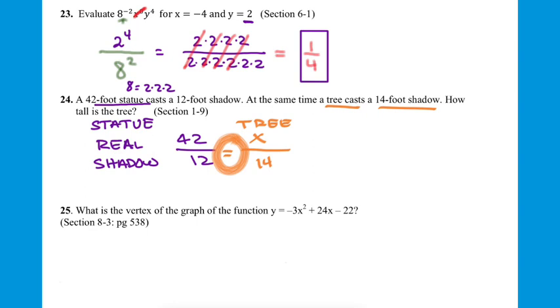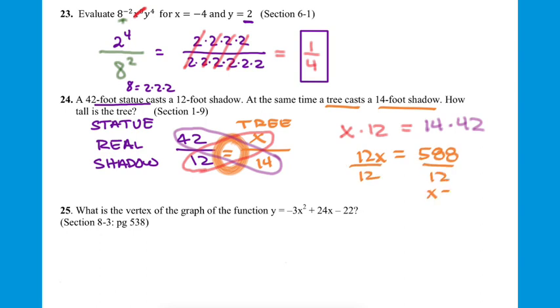And we go ahead and do our cross products here. And we get 12x equals 588. And then we isolate our variable and we find out that this tree is 49, which makes sense. Because if the shadow is a couple feet bigger than the statue, then the tree has to be bigger than the statue as well, right?